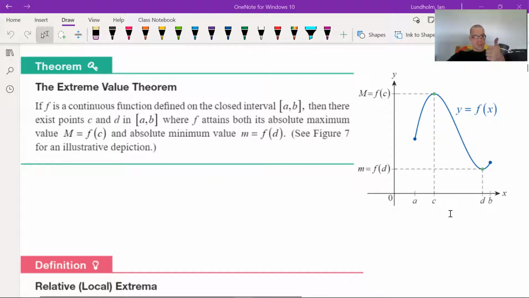With a continuous function on a closed interval, there's only so much place for it to go. The only way that you could go off to infinity in the y direction is if the function becomes discontinuous. So continuity and closed are both important for the extreme value theorem.